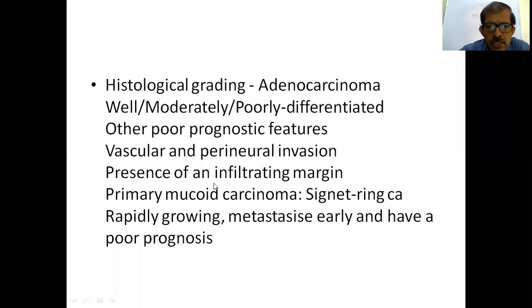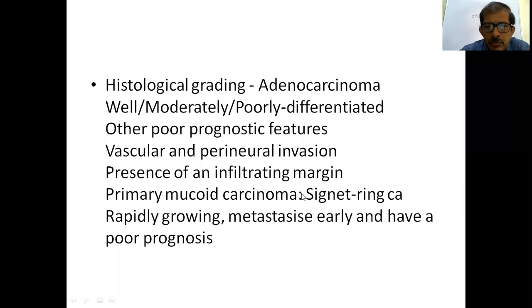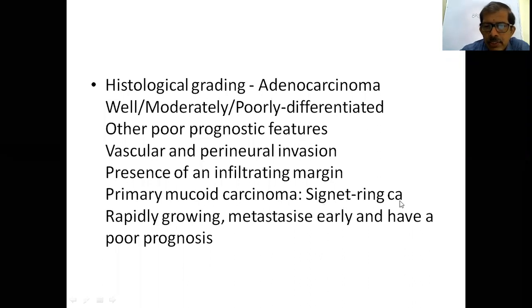Then mucoid carcinoma, particularly poor prognosis, signet-ring cells will be there. So that's why it is also called a signet-ring carcinoma. And those which spread early also carry poor prognosis. So particularly you have to remember about invasion and metastasis.